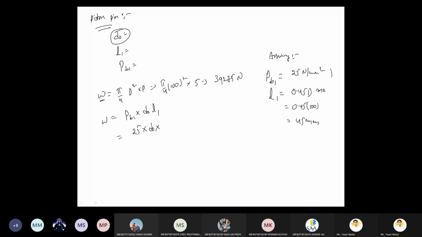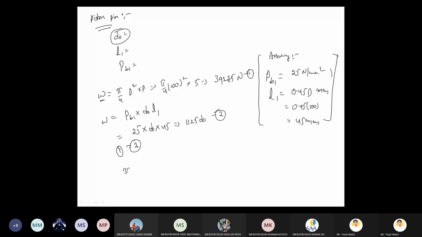So what is the answer? 25 into 45 gives 1125 D naught. This is equation number 2. Equating it with equation 1: 39275 equals 1125 into D naught.